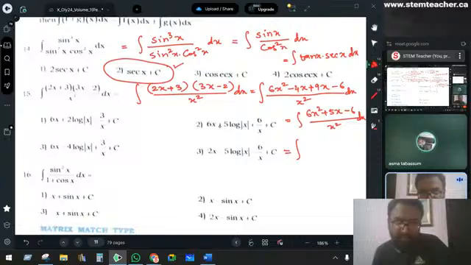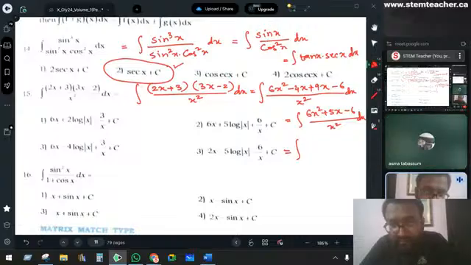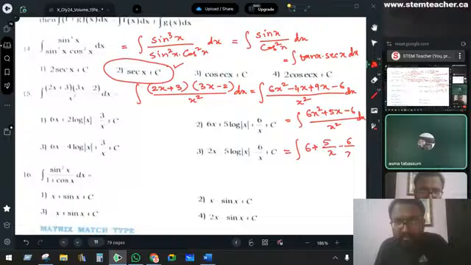For integrating, how can you integrate directly? Send the denominator to each and every numerator term. It goes to 6 plus 5 by x minus 6 by x square.